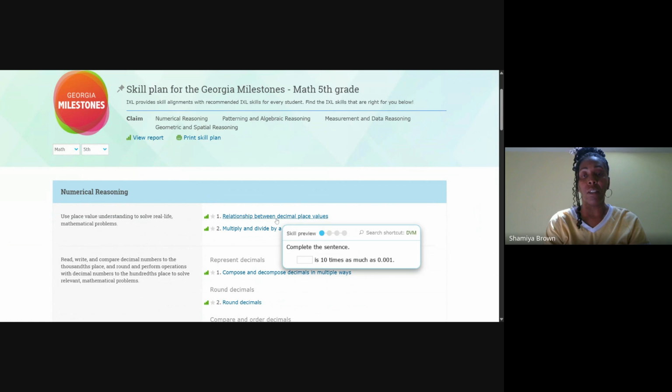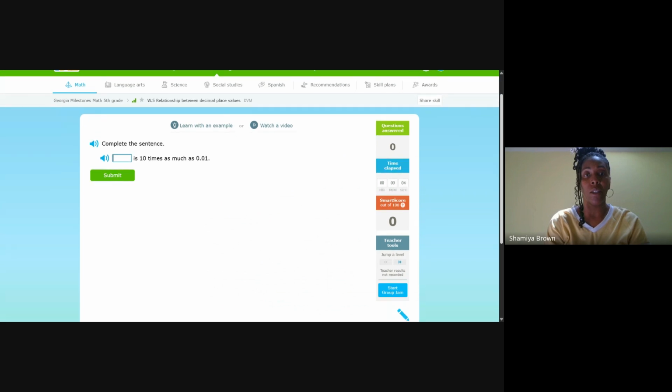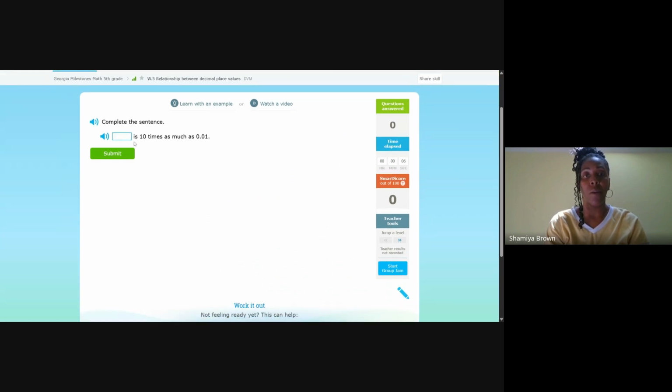So the first one says a relationship between decimal place values. Okay, complete the sentence. Blank is 10 times as much as 0.01.